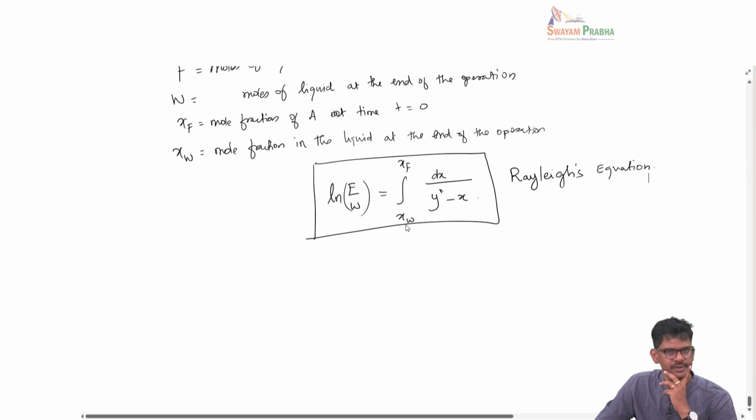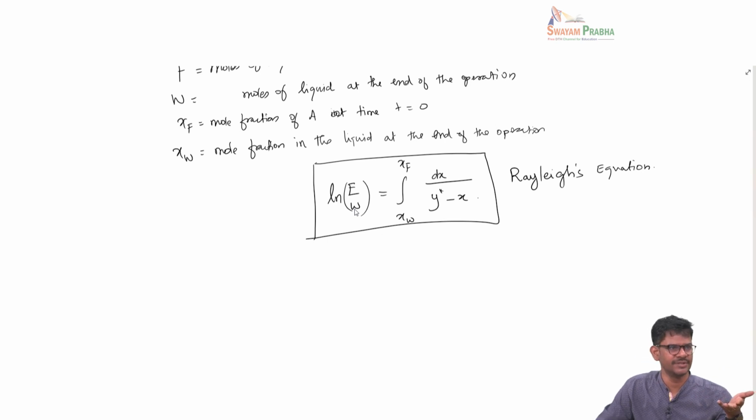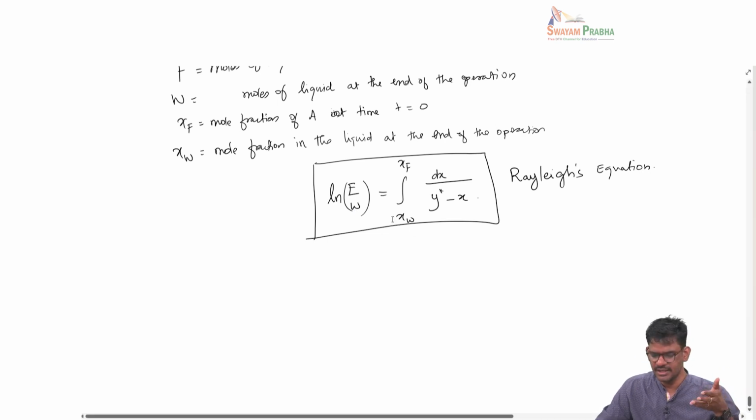Typically, if I know W, that means I operated for a certain time, then I measure how much quantity of W is present, and that corresponds to some amount of XW. There are other questions you can ask, such as what would be the composition of the vapor phase.